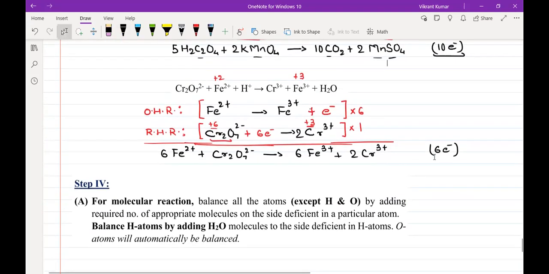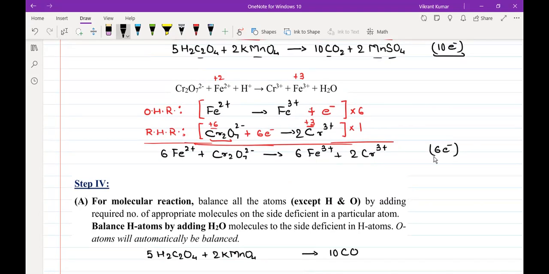That's the rule. So we have got the reaction till now is this much plus 2 KMnO4. And that has given you, I'm leaving the space to write other things, 10 CO2 plus 2 MnSO4.